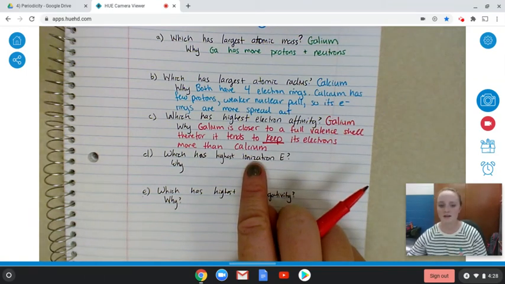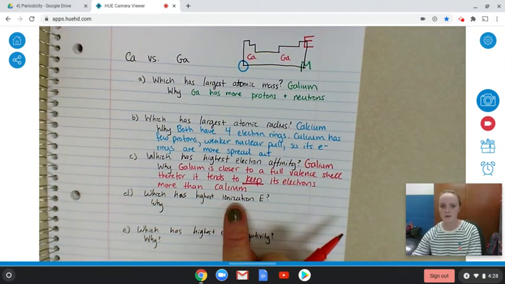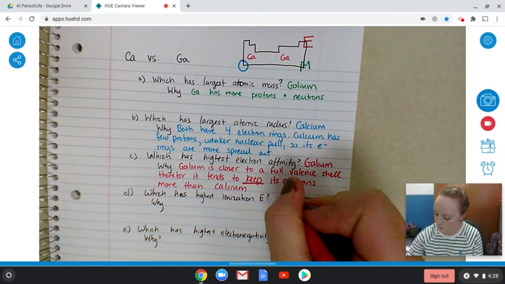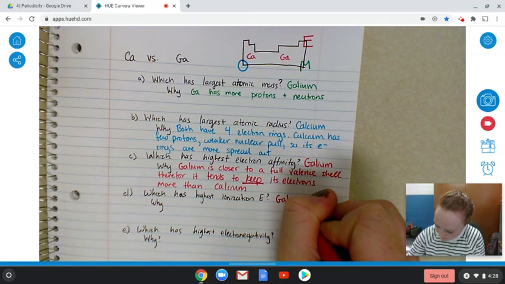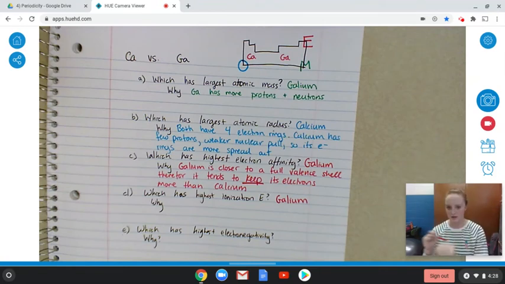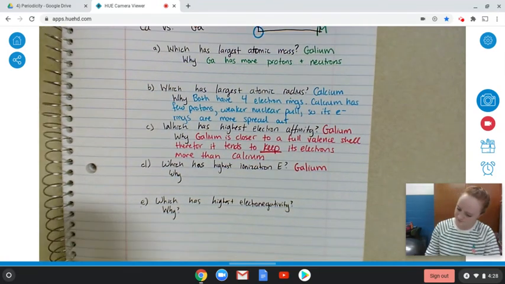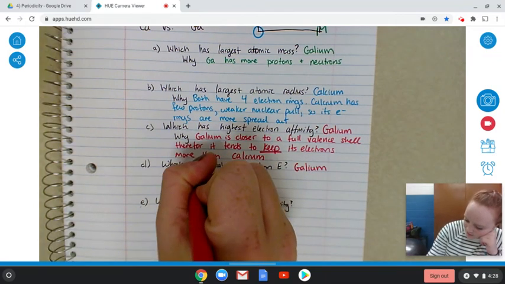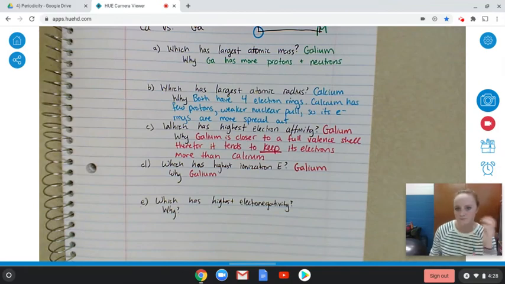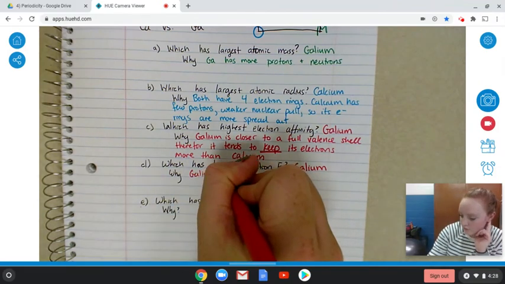And then which has the highest ionization energy? Well, remember, our pattern doesn't change. Gallium is still going to be closer to our extreme, so it's going to be gallium. But ionization energy isn't about keeping. Ionization energy is about removing. So gallium is closer to a full valence shell.